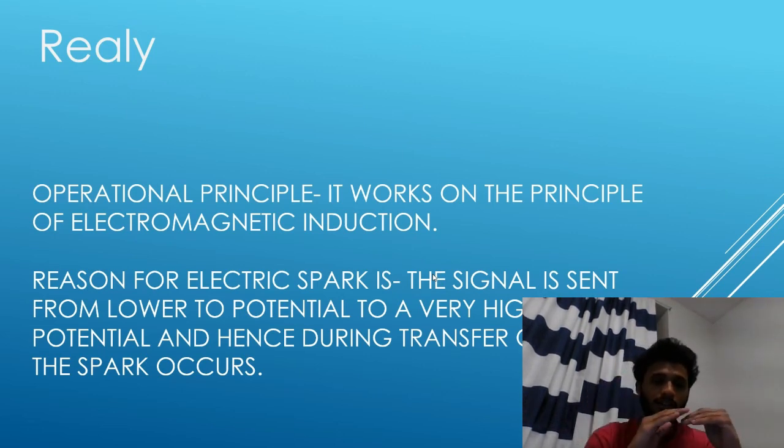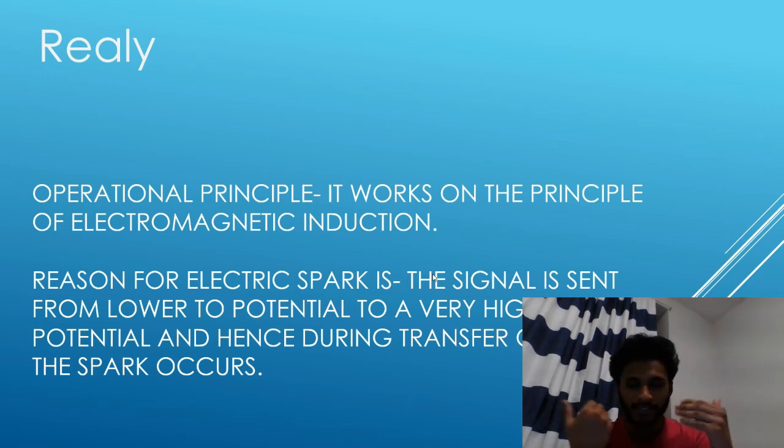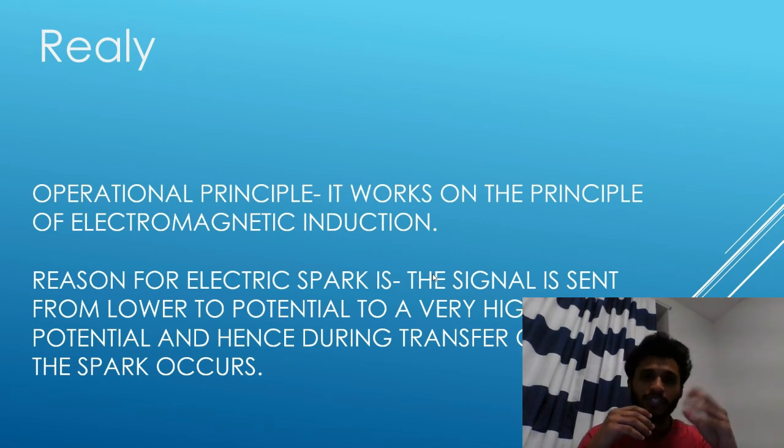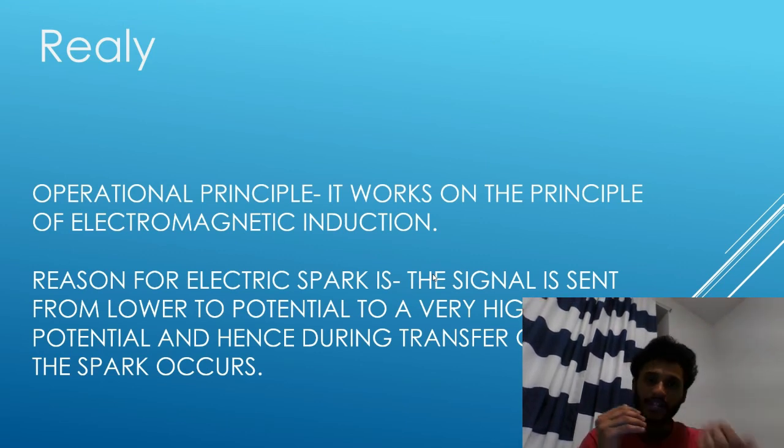So whenever there is a change of potential in the relay switch, because of this potential change and the high voltage present, there is a spark which we can see in the relay.